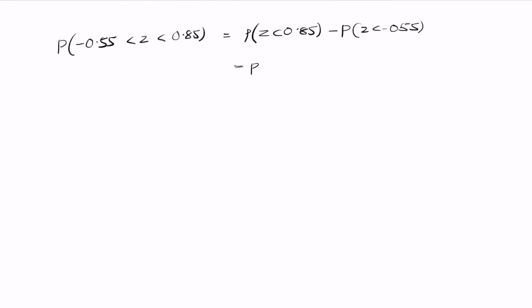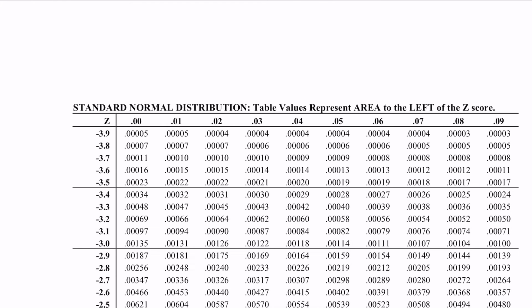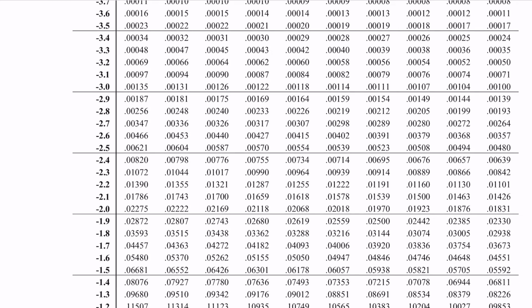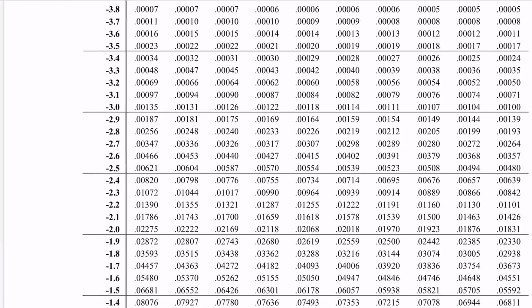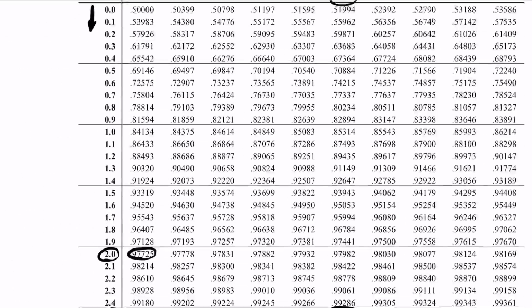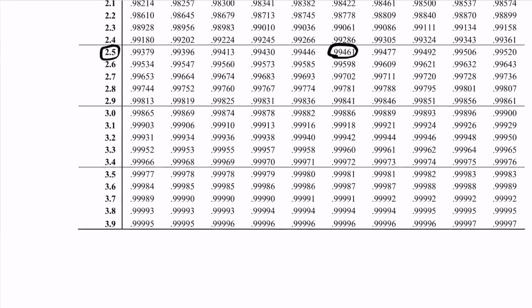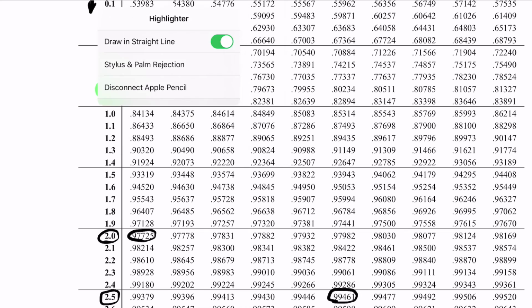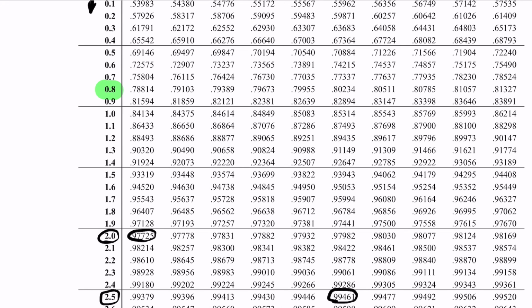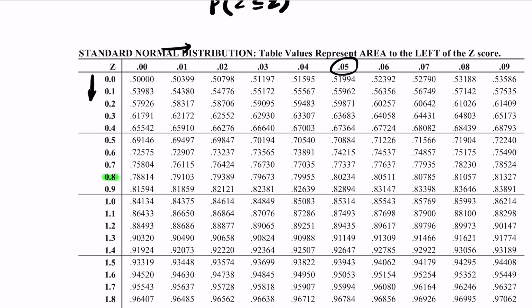So probability of z less than 0.85, again go back to the table. We are finding for 0.85 first. So you have 0.8 here. We are finding 0.85. So this is 0.05.